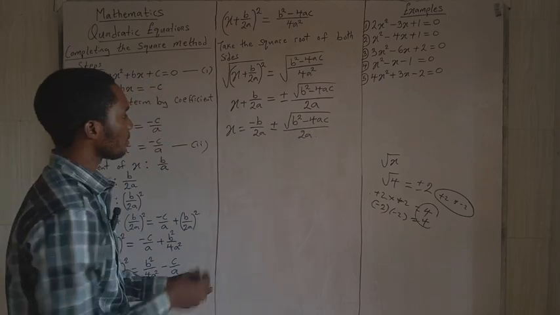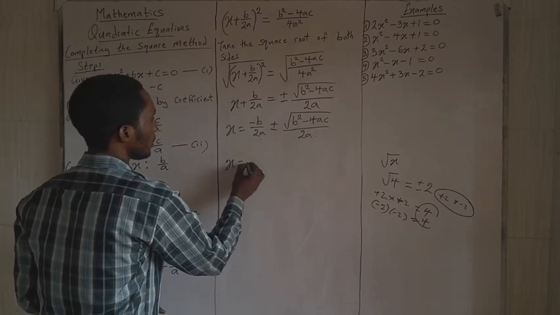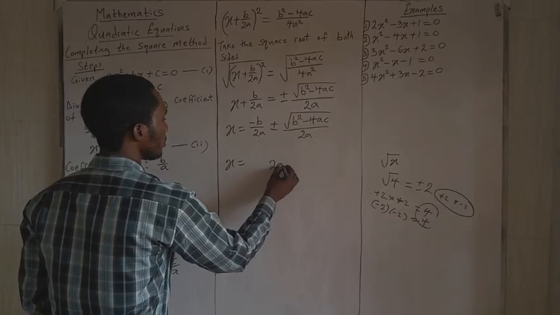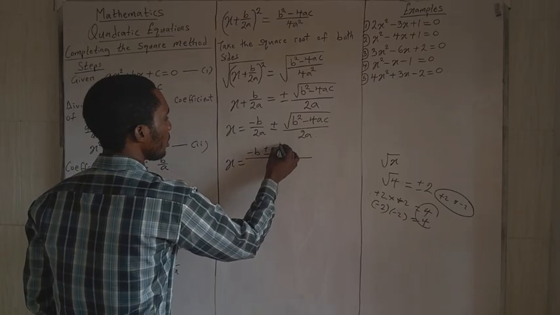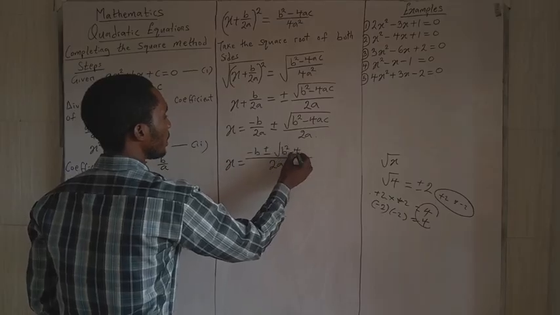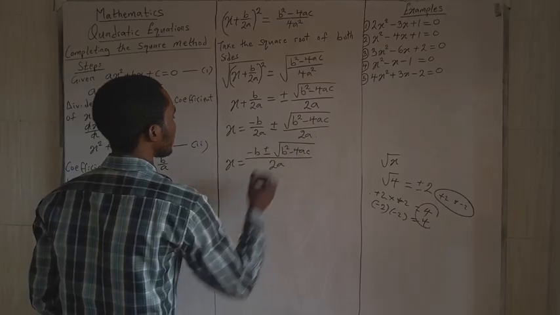Let's take the LCM. x is equal to minus b plus or minus the square root of b squared minus 4ac, over 2a.